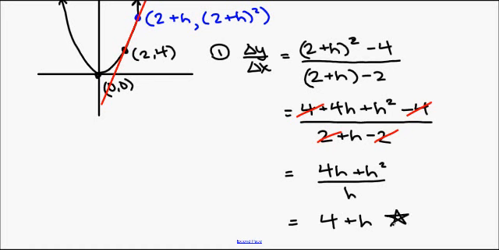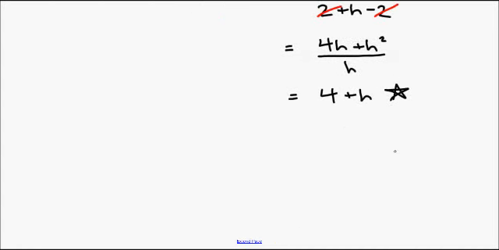The next thing I need to do is find the limiting value of this slope as Q approaches P along my curve. So this is part 2. So we're going to say the limit as h approaches 0 of h plus 4.